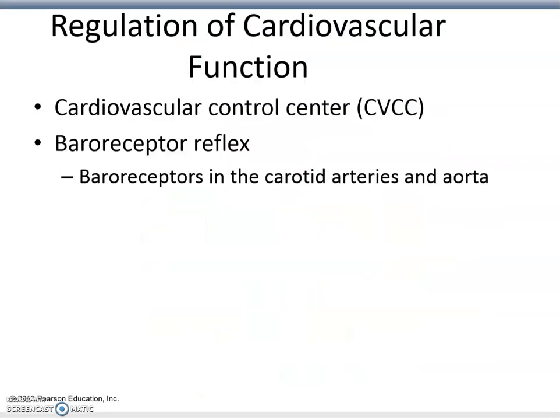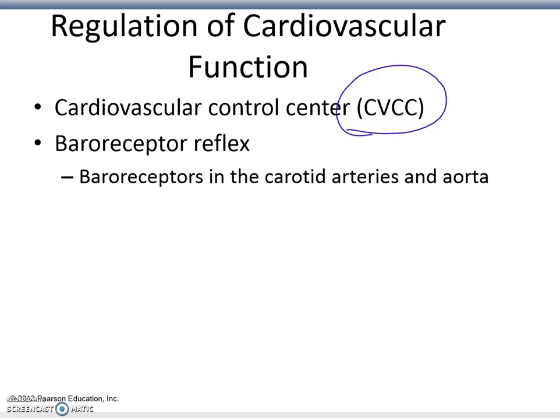Now let's take a look at the regulation of the cardiovascular function. And you have something called the Cardiovascular Control Center, the CVCC. Basically, what's going on in your cardiovascular system is being reported to this control center, and any adjustments will be made in that control center.